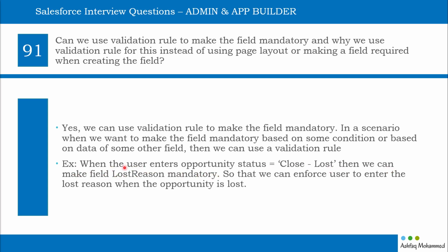Lost Reason will not be mandatory on any other stage. Only when the status equals Closed Lost do I want to make Lost Reason mandatory. For that type of field, we can use a validation rule, so that we can enforce the user to enter the lost reason when the opportunity is lost.